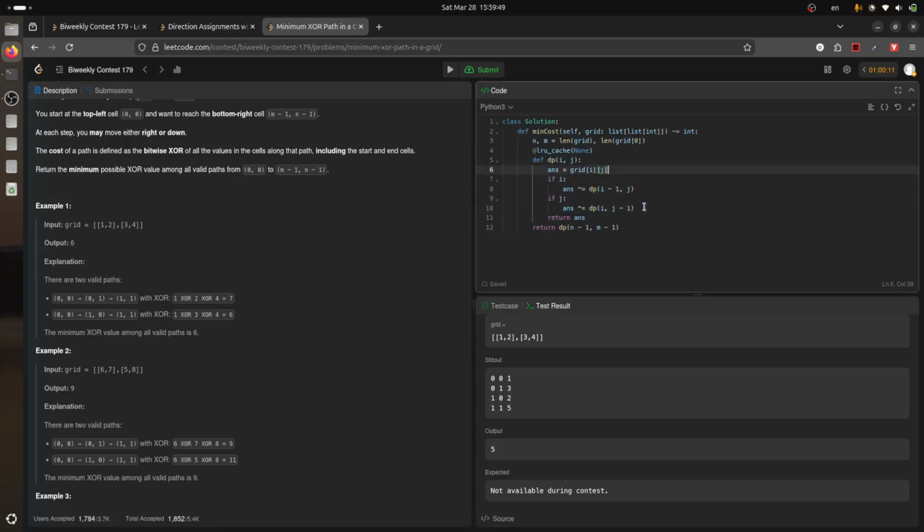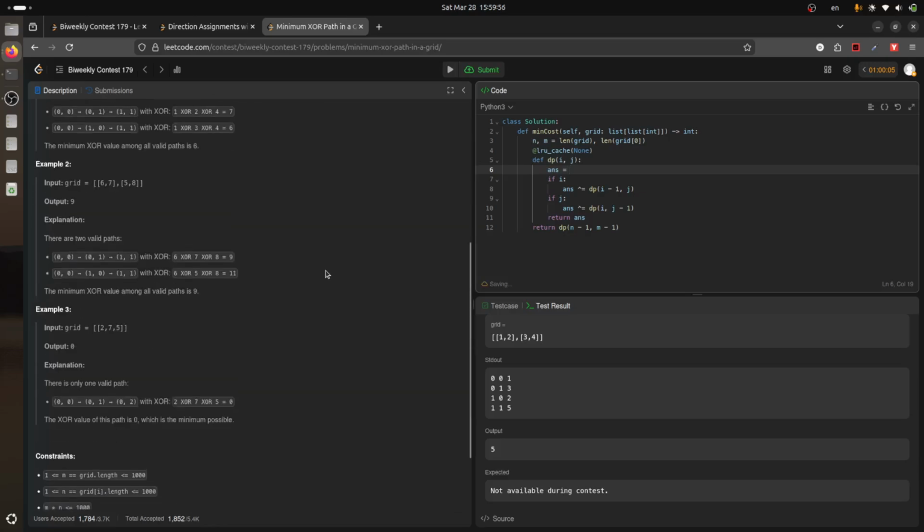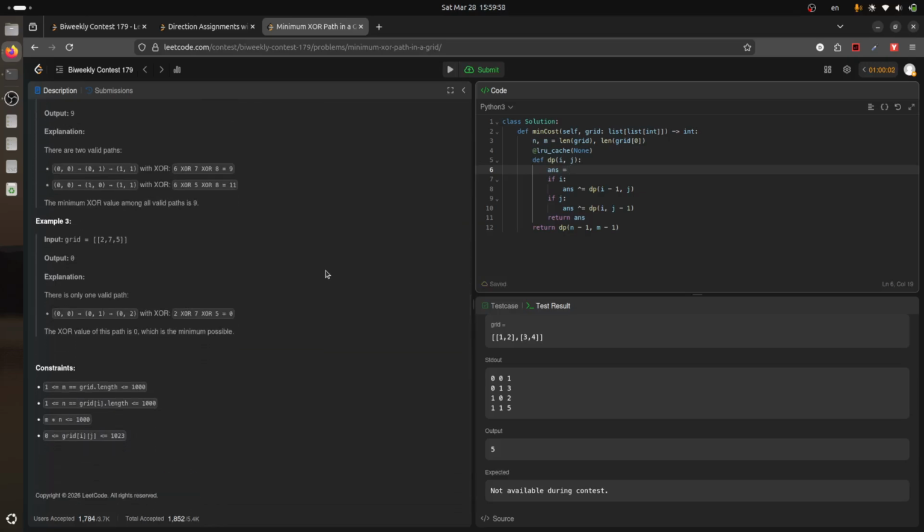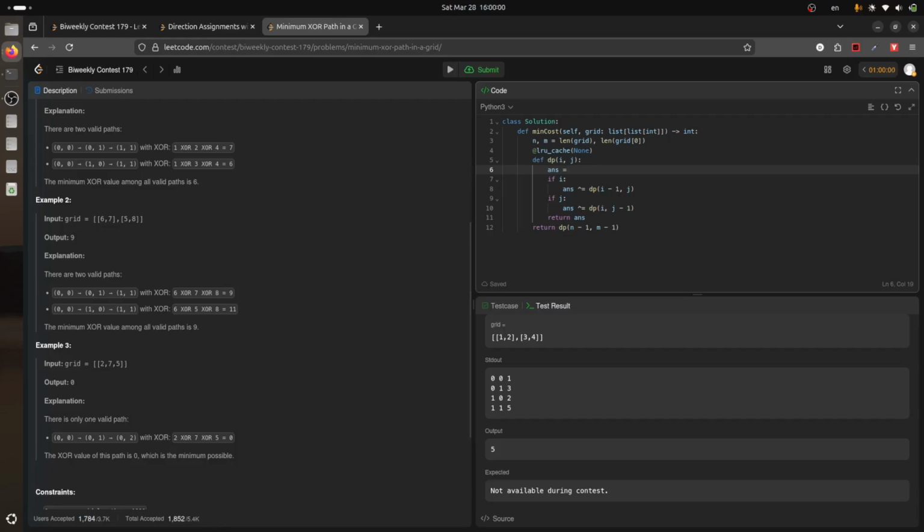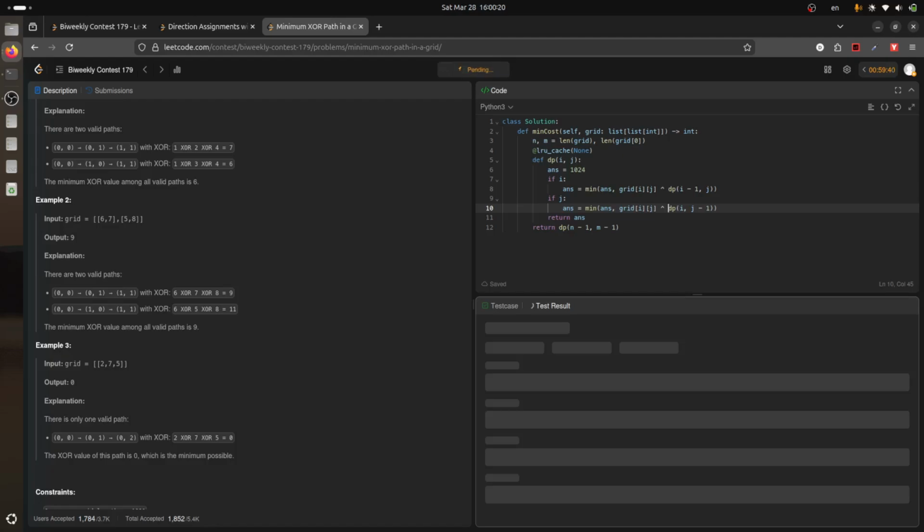Oh. Okay, so ans equals, what can the XOR be? 1023, so it cannot be more. 1024. Okay, and now ans = min(ans, grid[i][j] XOR this).